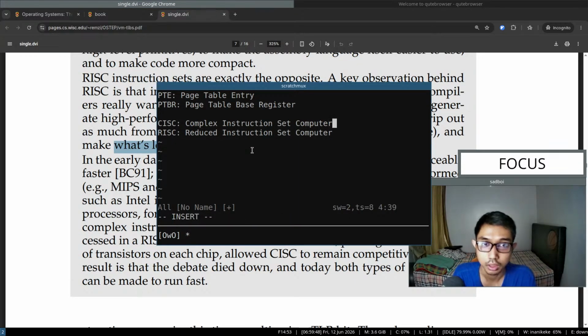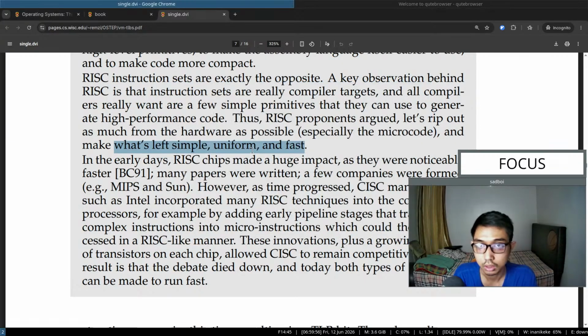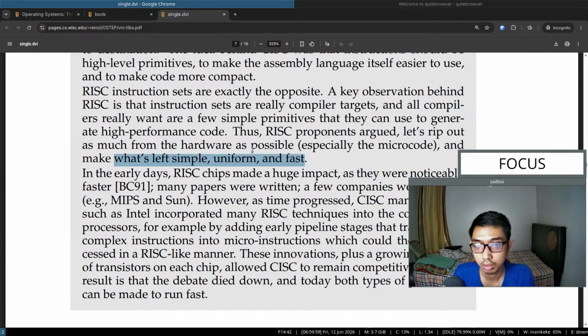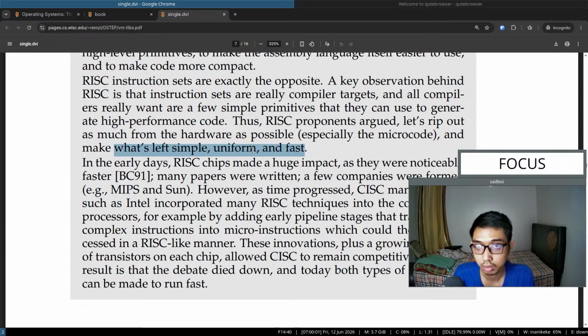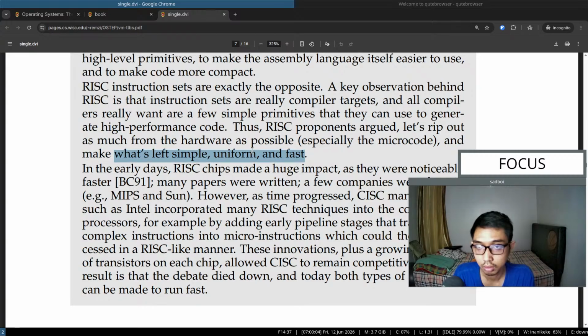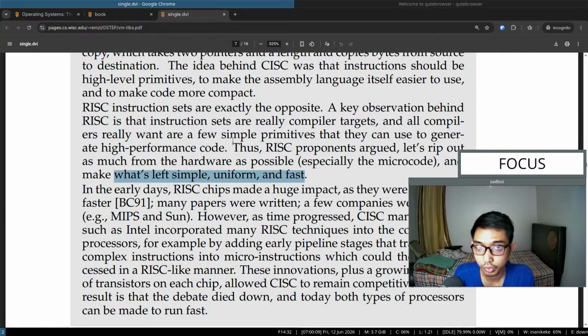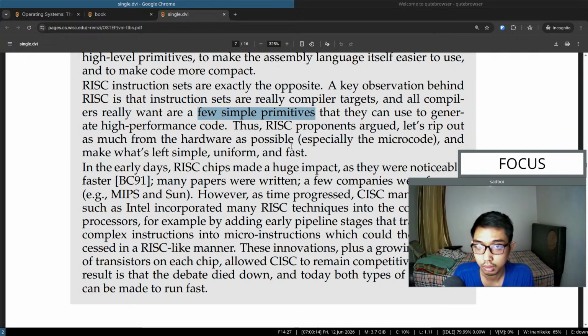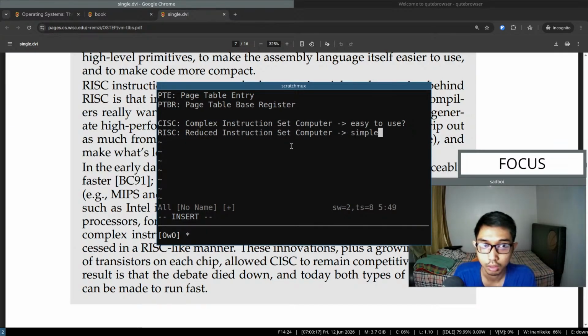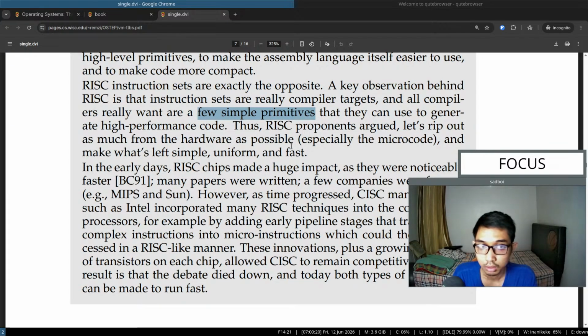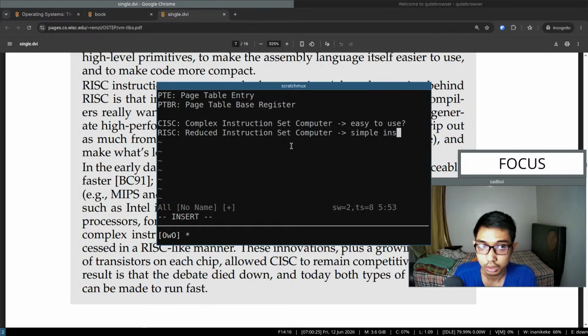Or maybe, yeah, easy to use, and this one is okay. A few simple primitives. Simple instructions.